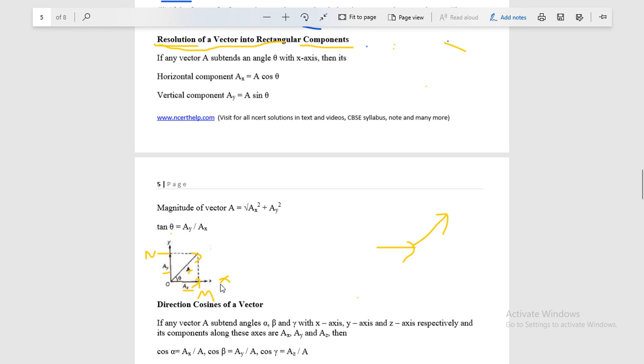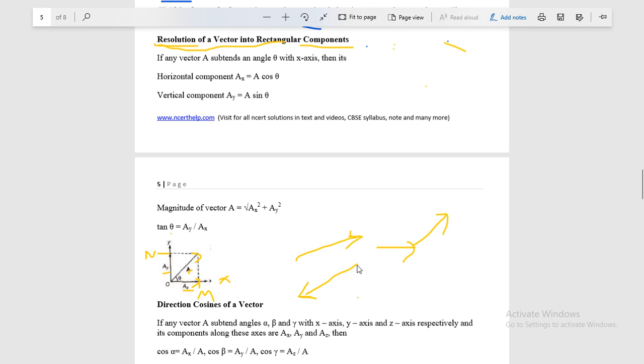This is the method by which you can find out the components of a given vector in two different, perpendicular directions. I hope you understand how you can get the rectangular components. Let me give you one example. Suppose this one is a vector; try to find out its two perpendicular components. You can draw the vector in different directions, in some direction like this.